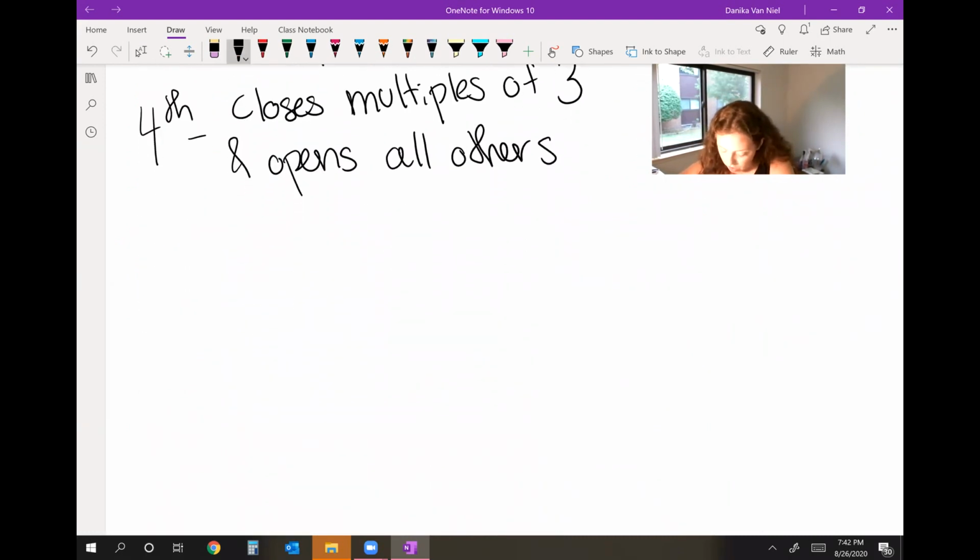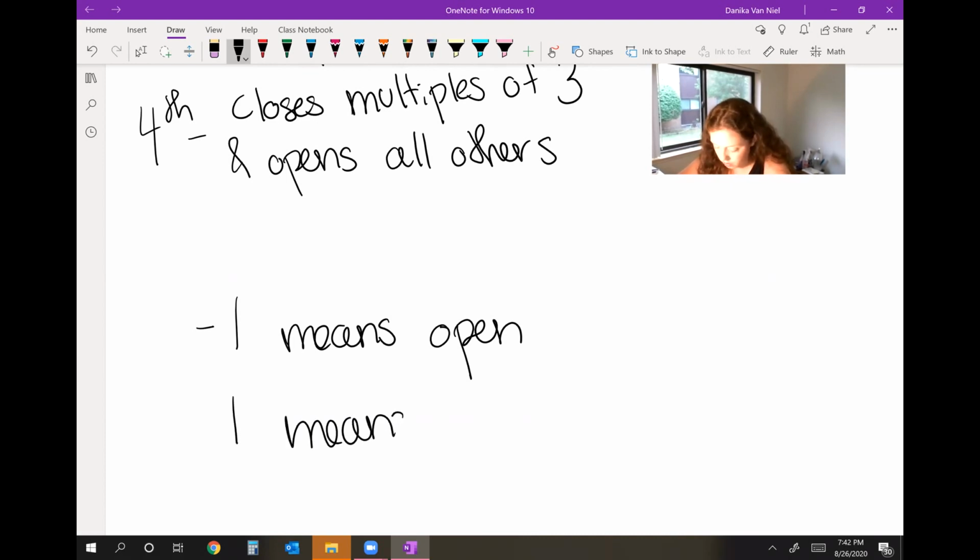okay, so how about -1 means open, and 1 means closed. Okay.